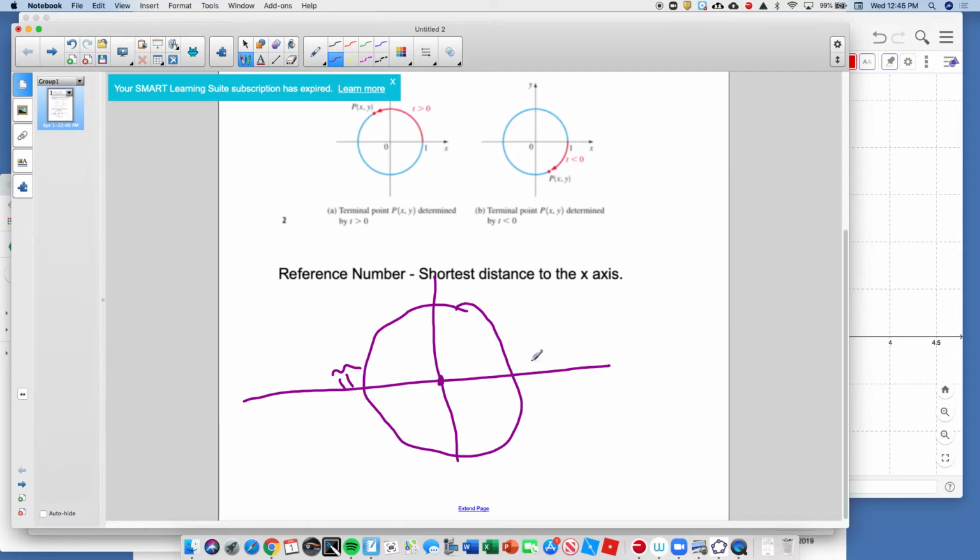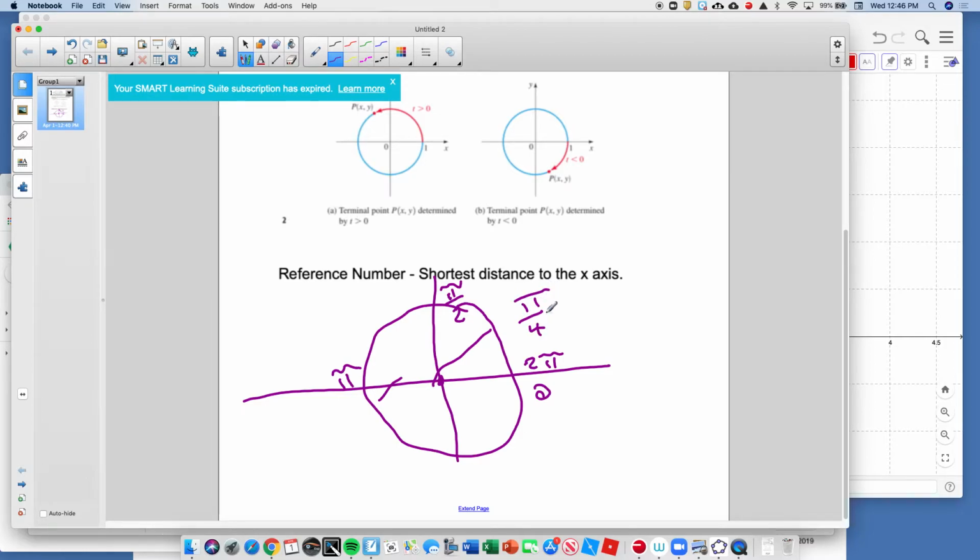This location is 2 pi, or 0. And then we can start talking about all these other divisions. So we have pi over 2, because if this circumference is pi, then half of that is pi over 2. And then we can divide that up again. Half of that is going to be pi over 4.